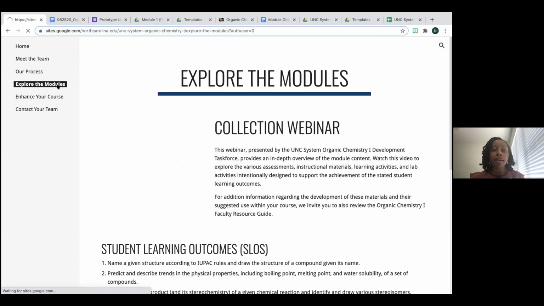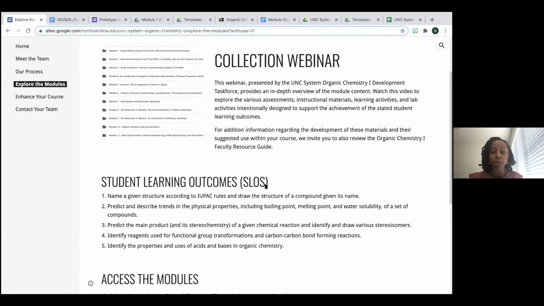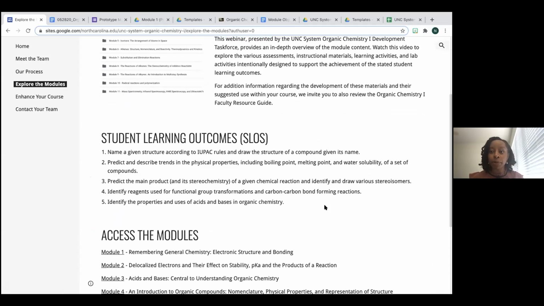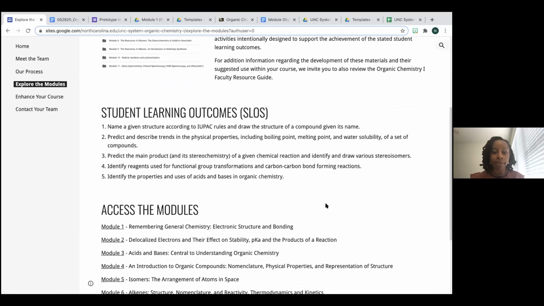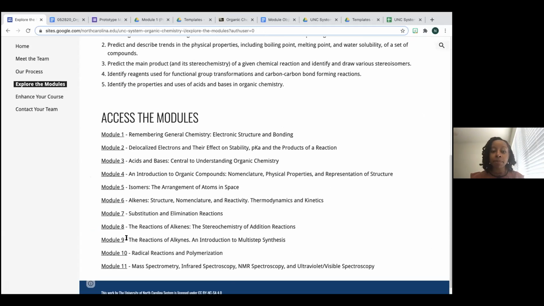And then you will also be able to access our module content by selecting Explore the Modules. You will first see the 5 SLOs that were created for this course, and we'll talk about how that was done collaboratively, as well as links to each of the 11 modules that had been selected to be included in this course collection.